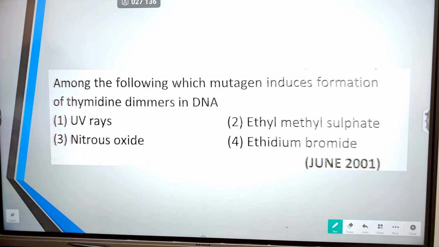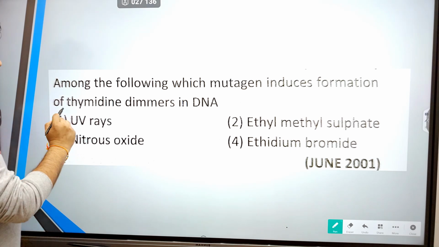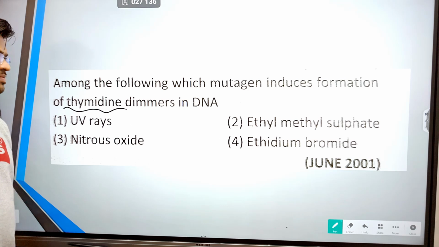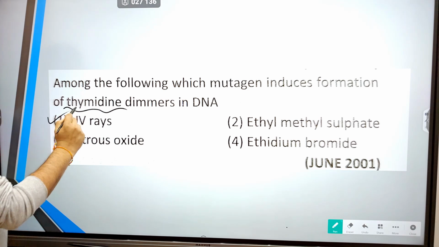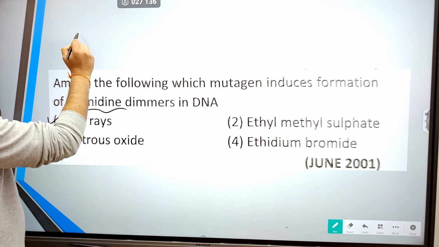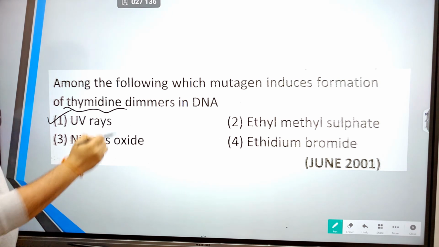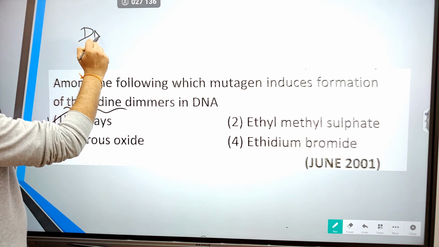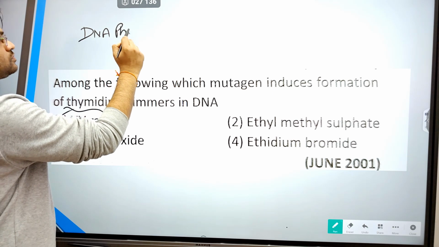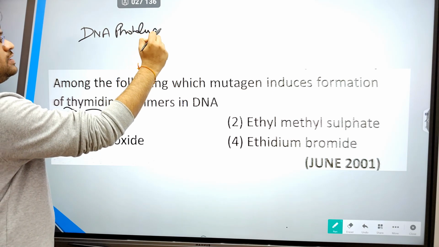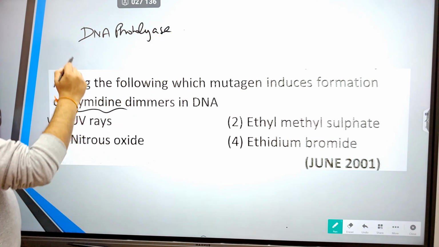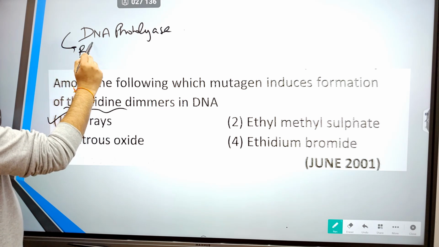So in the previous lecture I had told you that these thymidine dimers are created by UV rays, and these thymidine dimers can also be repaired by DNA photolyase enzyme. This enzyme basically functions under the blue light.